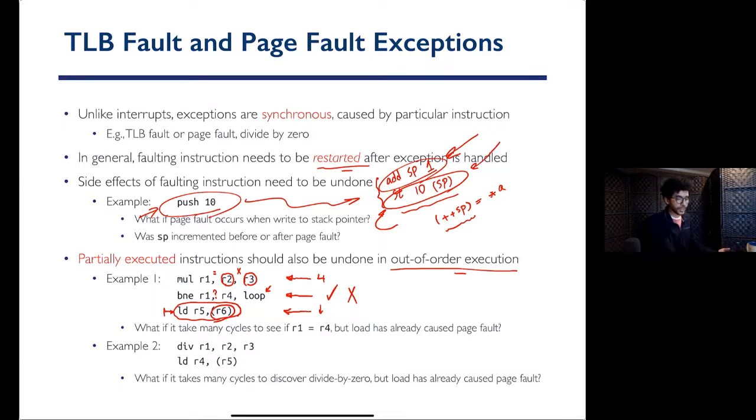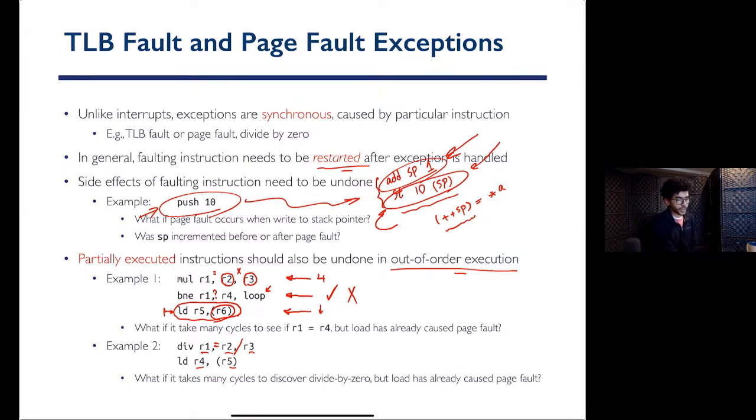Now the same could happen in example number 2. I have a divide, so I'm dividing R2 by R3 and putting the result in R1, and the next instruction is a load. These two instructions are independent, right? The first instruction works with R1, R2, and R3. The second instruction works with R4 and R5. So they're unrelated, and most out-of-order processors could reorder these two instructions.